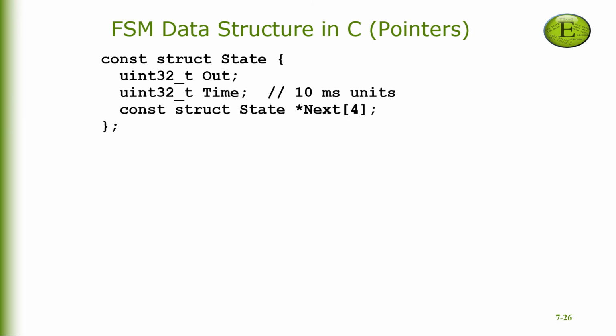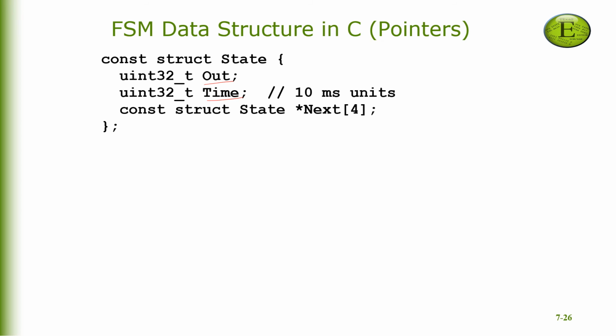We can define a similar data type, state, declared as a constant structure, containing those variables representing the output and the wait time. But the third one is different. This is an array of pointers rather than an array of numbers, as was the case in the previous example.